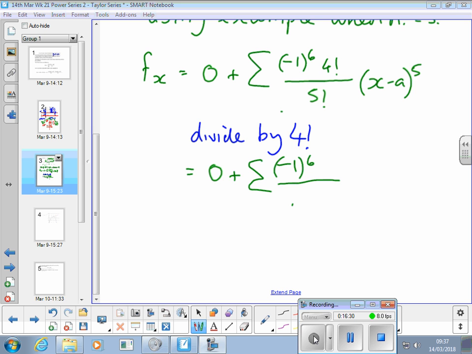What do you multiply 4 factorial by to get 5 factorial? So you're just left with 5 on the bottom, and then that's multiplied by x minus a to the 5. So this is simplification. We can now write a simplified Taylor series for this function like this.